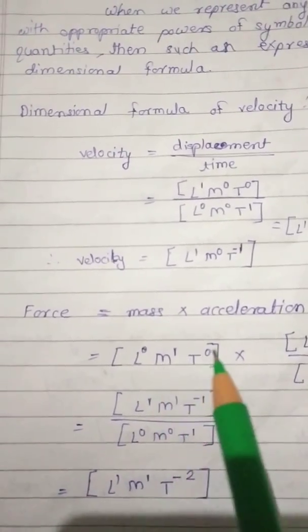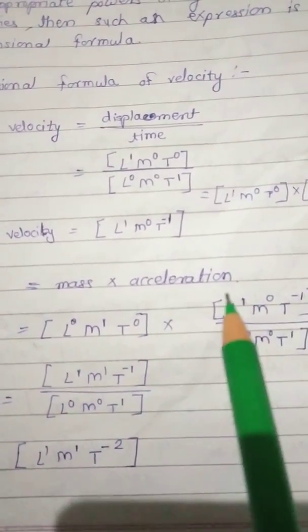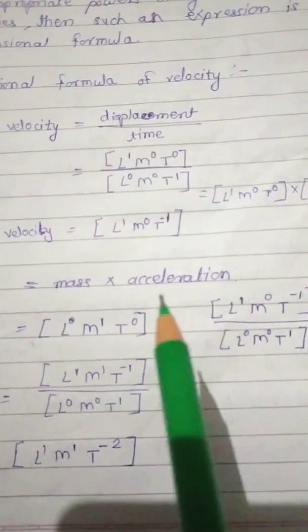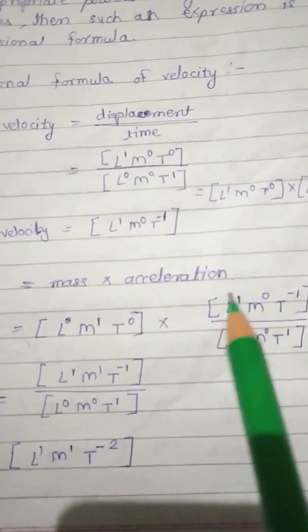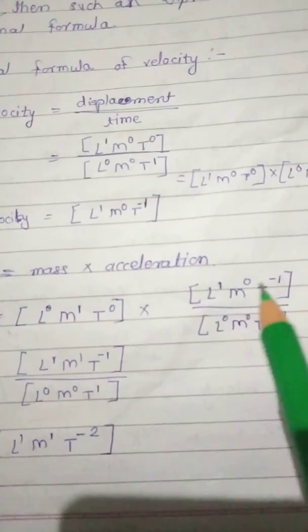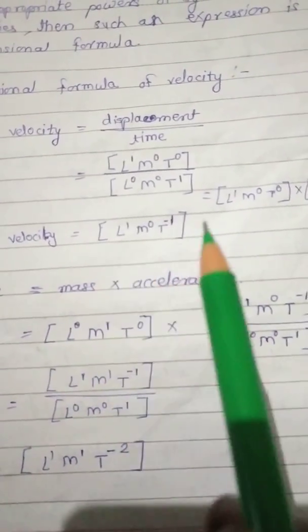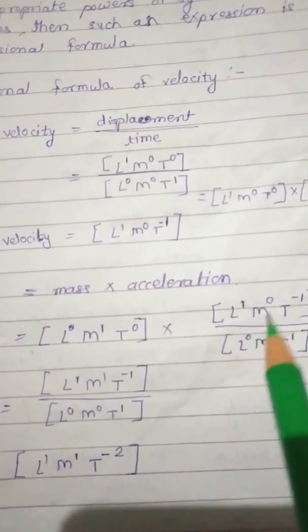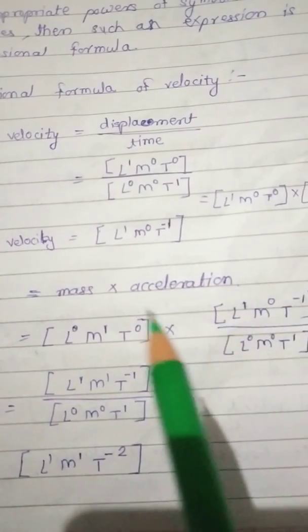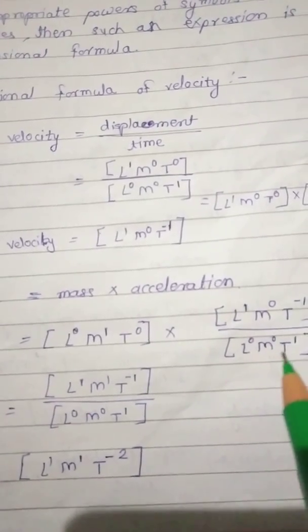For acceleration, acceleration means change in velocity upon time. We already found the dimension for velocity, so we put L1 M0 T minus 1 upon time, L0 M0 T1.